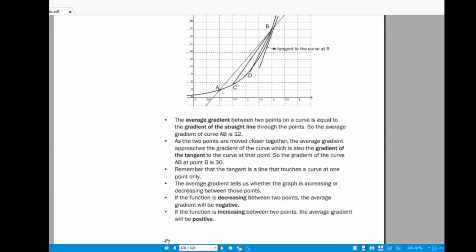Let us say we have a curve, a standard parabola, y equals x squared. Now we have 2 points A and B. The average gradient between 2 points on a curve is equal to the gradient of the line through the points.